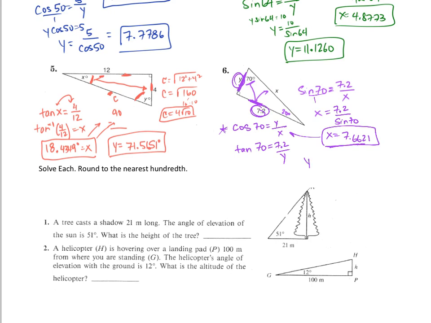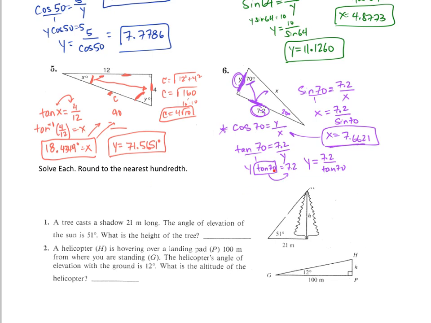So y will end up being 7.2 divided by the tangent of 70. Again, if you can't see that, cross multiply y times the tangent of 70. Remember, all of this is one number by itself, equals 7.2, so you can divide that over. If this was an x here, you can't, just like we had here, you have to use the inverse to get the x by itself.